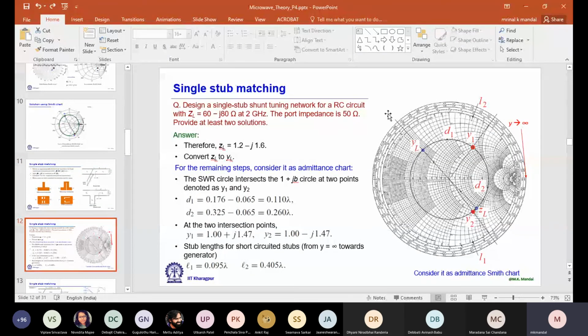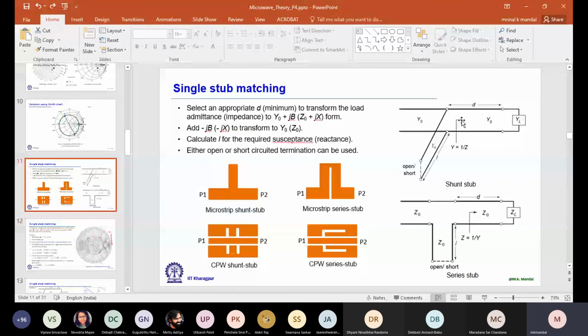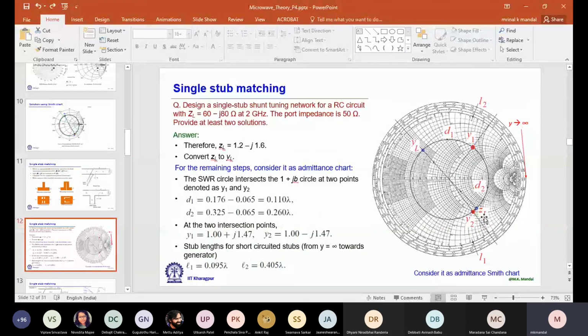This point corresponds to 0.065 and this point corresponds to 0.176. Remember that we are moving towards the generator, so it follows the clockwise direction. Then d1 comes to 0.11 lambda. Similarly d2, note down this value, comes to 0.26 lambda.